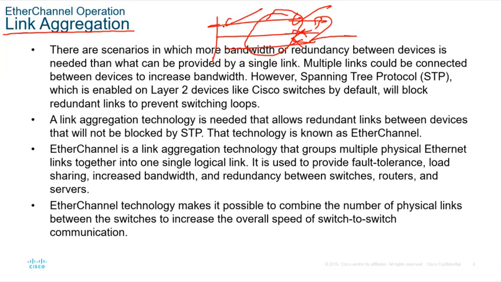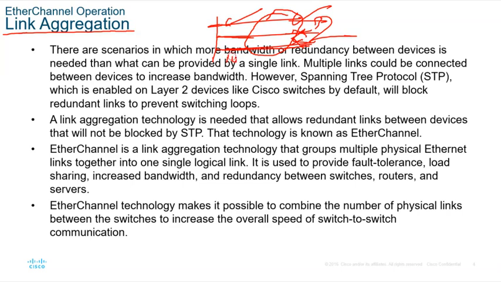and in forwarding state. So Etherchannel technology makes it possible to combine a number of physical links between switches to increase the overall speed. Once these links are allowed to be combined, the speed is going to change.